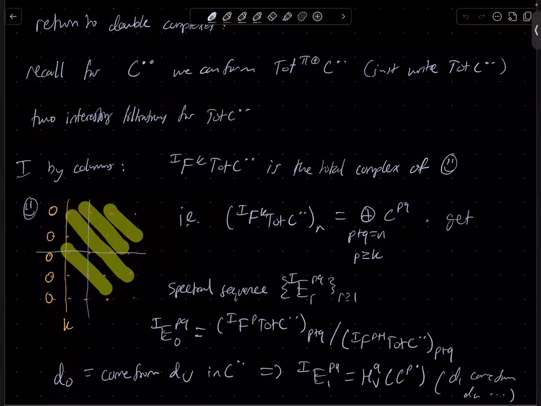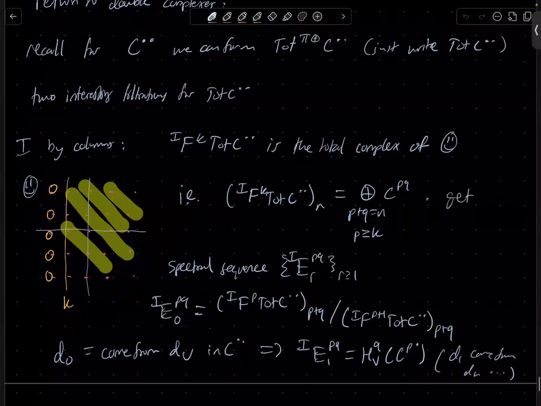The first way is by columns, and that's by taking the total complex of the chopped up version of the double complex. So we can look at everything to the right of a certain column and take its total complex, and that gives us a filtration by columns. And then there's a corresponding spectral sequence that we get.